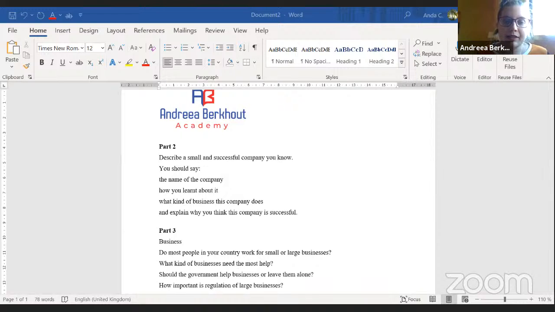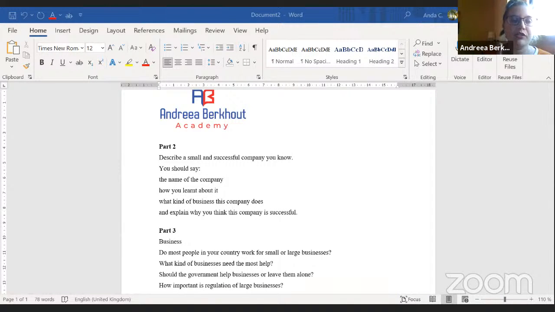And another one, you started like this: it's important, something regulation for. So you need to say something like, it is important for businesses to be regulated, or you start the classical way, subject, verb, object, which is the correct order of words in English. So you say regulation is important for large businesses.